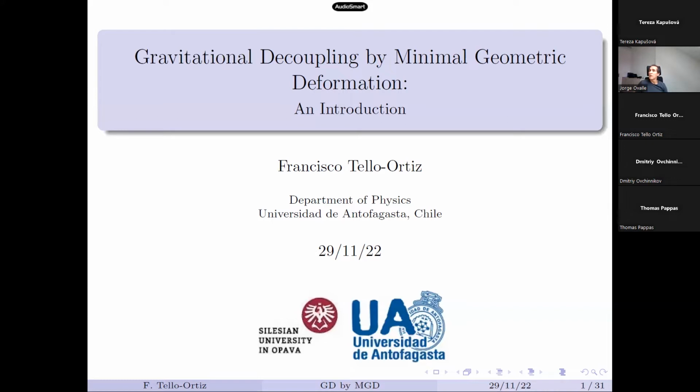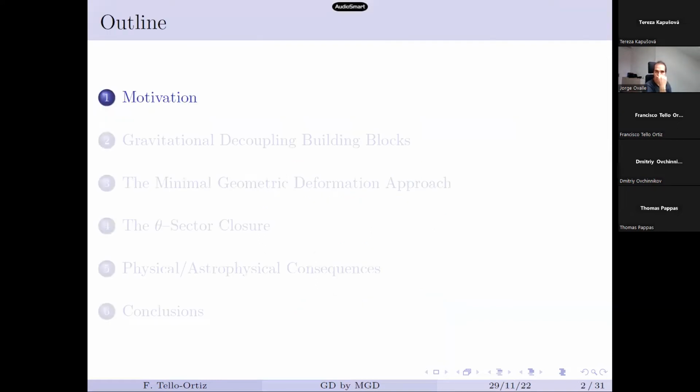So today I'm going to talk about gravitational decoupling by minimal geometric deformation. It should be just an introduction about this subject. First of all, this is the outline of my talk. A small motivation behind this methodology.